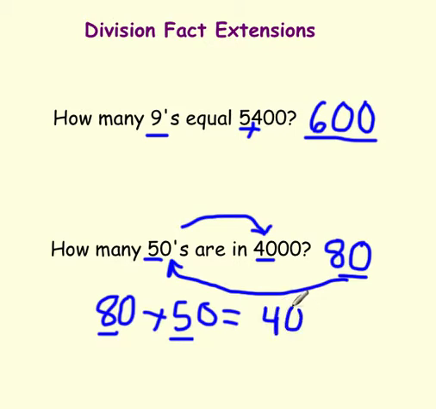And then I'm taking tens times tens, which make hundreds. So if I put 2 zeros there for hundreds, I do get 4,000. So that means this 80 is the answer that I want to have. There are 80 50s in the number 4,000.